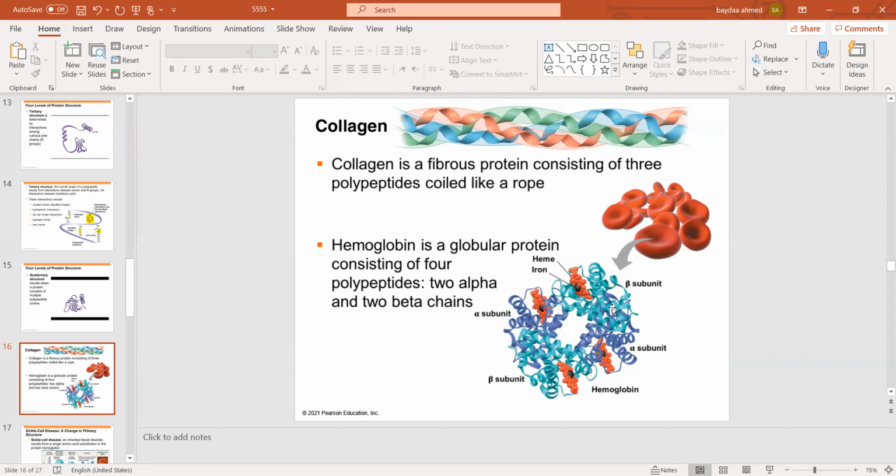Hemoglobin, the oxygen-binding protein of red blood cells, is an example of a globular protein. It consists of four polypeptides, two alpha subunits and two beta subunits.